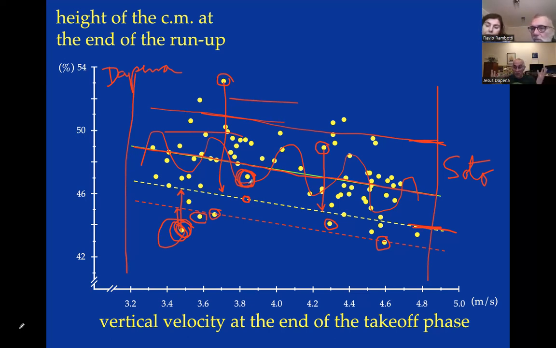So my response is yes. By running on a curve, that helps to lower the center of mass in the run-up. And this is good because it helps you to be in a lower position at the start of the takeoff phase. And therefore, it helps to produce a larger vertical range of motion during the takeoff phase. And some coaches believe that simply by running on a curve, that's it.